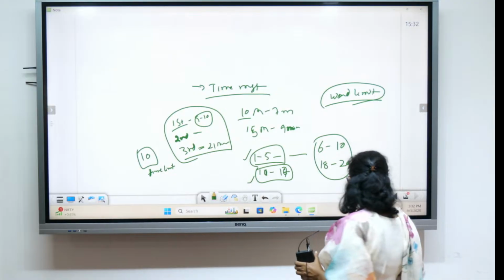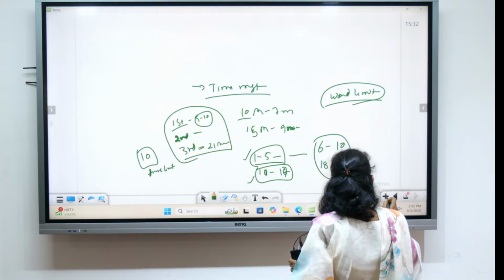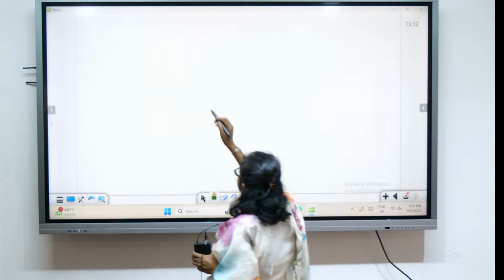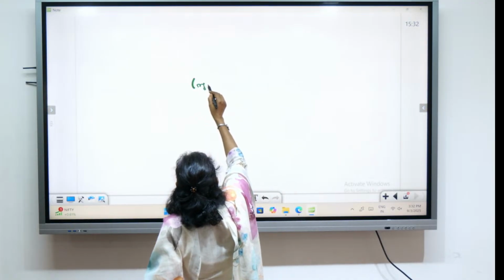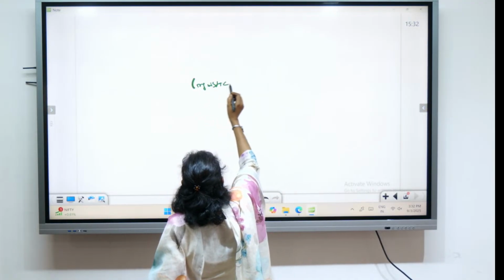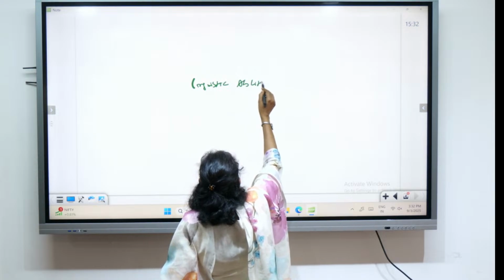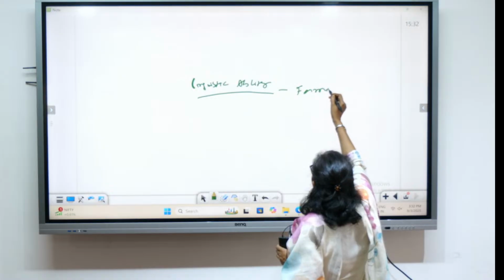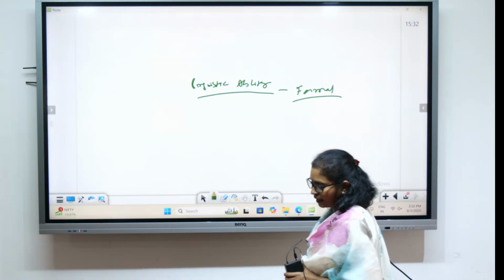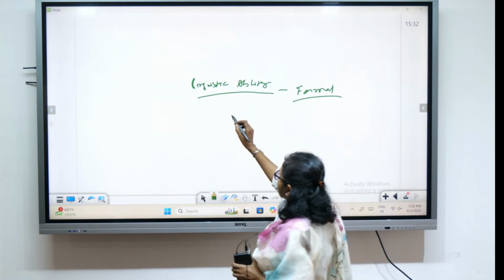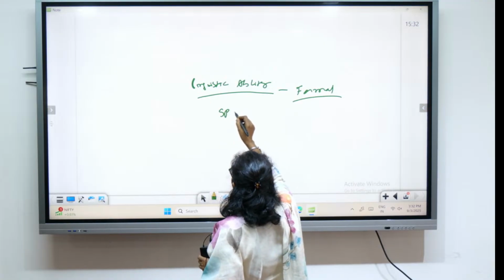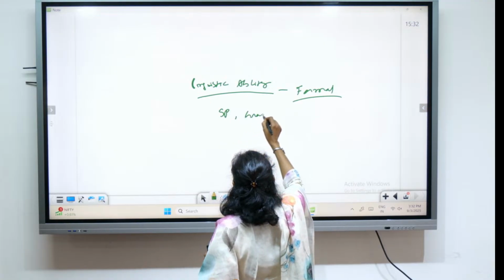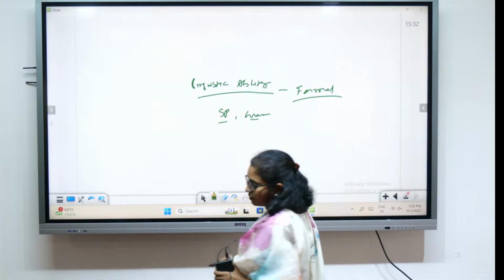Another important aspect is your linguistic ability. Your language has to be formal. Spelling mistakes should be almost negligible, and grammatical errors must be minimized.